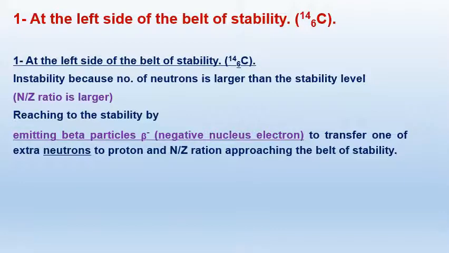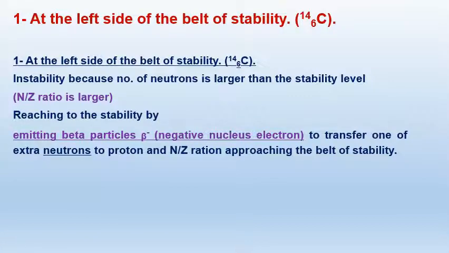How can these elements reach stability? By emitting beta particles, which are negative nuclear electrons. Why do they emit beta particles?